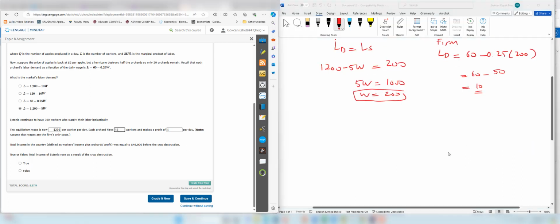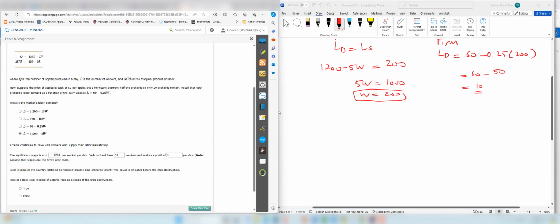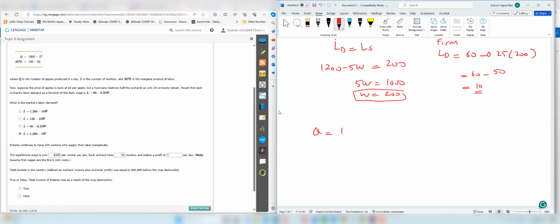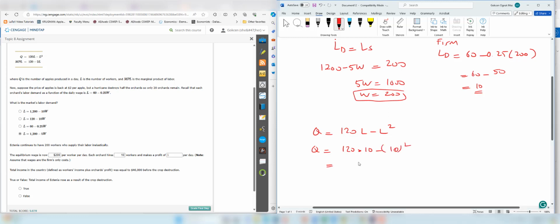To find the profit, we need to check the production function. Q is equal to 120L minus L squared. Q is equal to 120 times 10 minus 10 squared, so therefore this is 1,100 apples. Now let's calculate the profit.